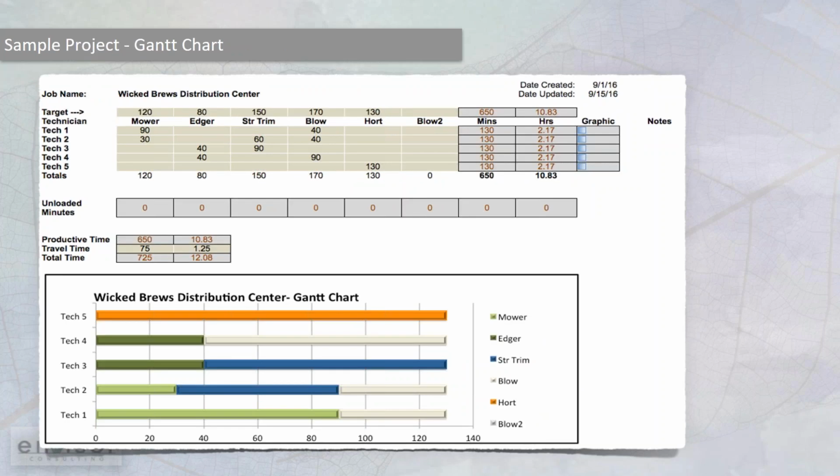There's nothing magic about the Gantt chart. It's a pretty simple process, but what it does is represent the best plan to do the work, and it facilitates you communicating the best plan and talking to your crews about why. Why does this plan make more sense than any other plan?